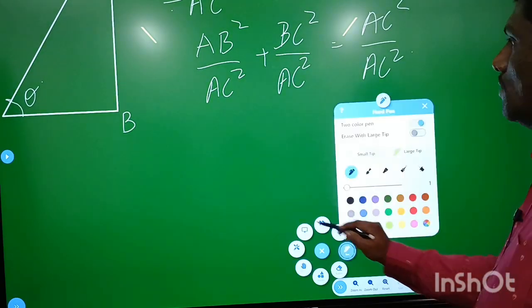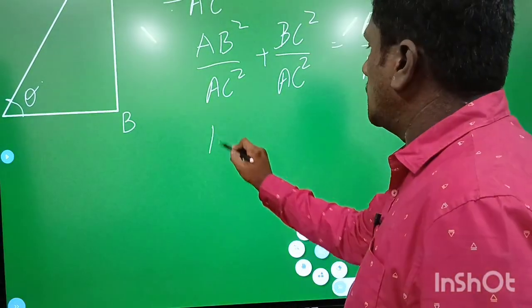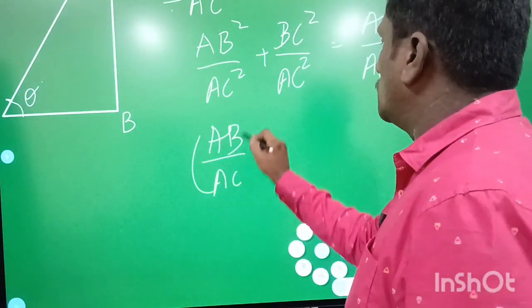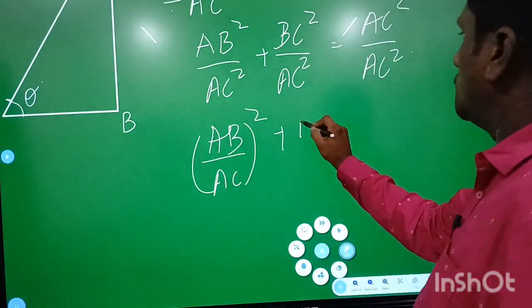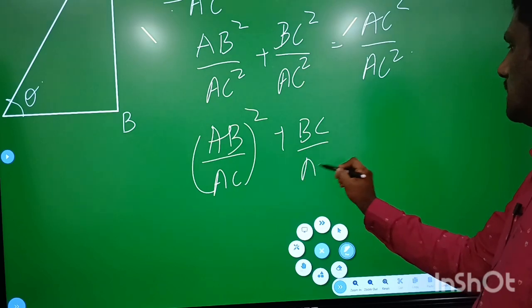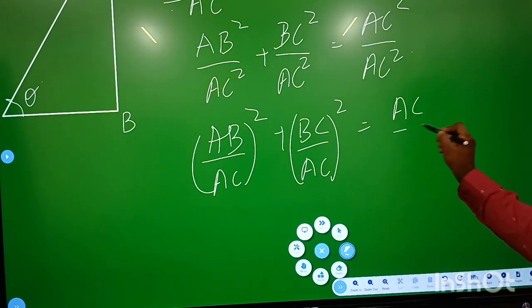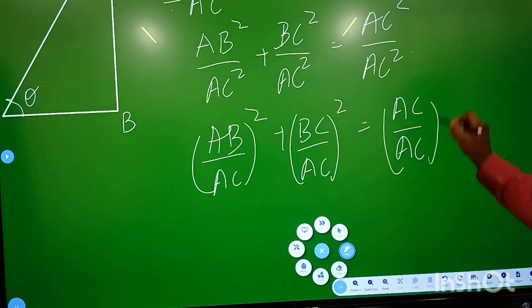Now what happens here is AB by AC the whole square plus BC by AC the whole square is equal to AC by AC the whole square.